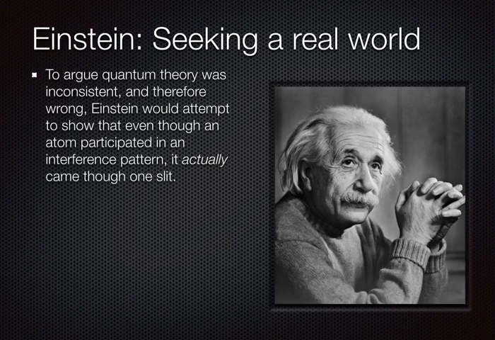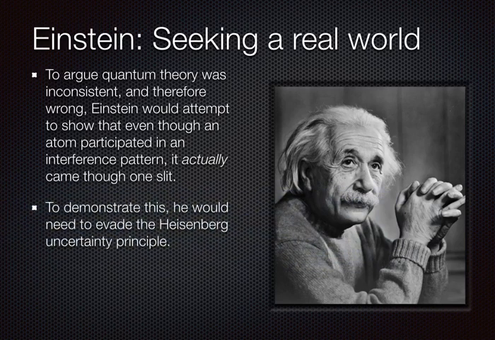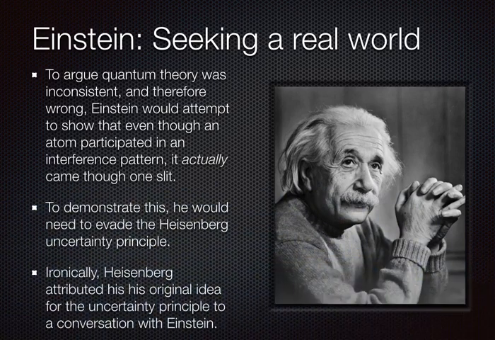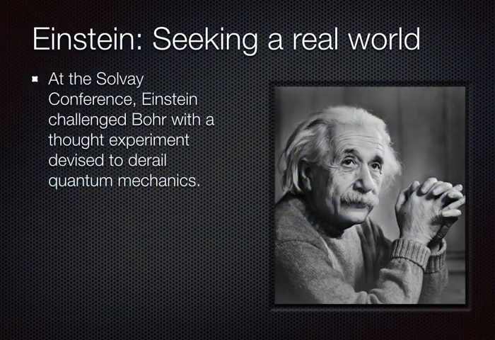Einstein's like, no. If we can prove that even though it behaved like a wave, it really only came through one slit, then we can start invalidating the stuff. To demonstrate this, he would need to evade the Heisenberg uncertainty principle. And ironically, Heisenberg attributed the idea of the uncertainty principle to a conversation he had with Einstein. That's just one of those funny things. All these guys talk to each other.